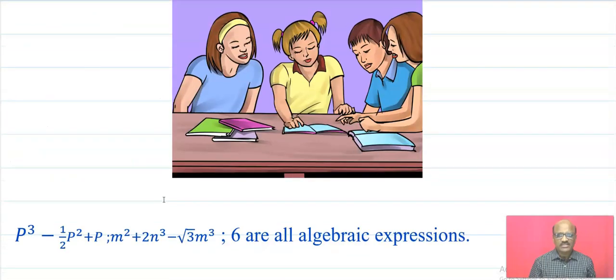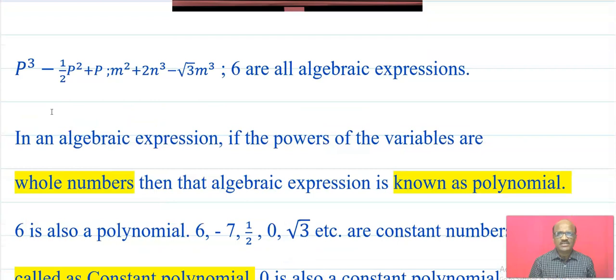Now let us discuss. See this here: p raised to 3 minus 1 upon 2 p square plus p; second polynomial, m square plus 2n cube minus root 3 m cube; and 6 are algebraic expressions.